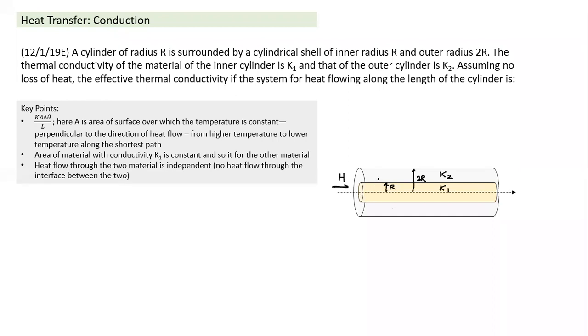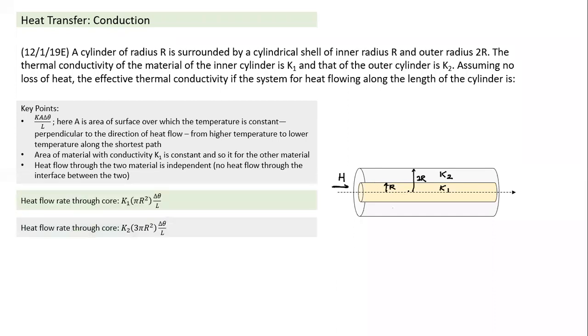Is there any heat flow across these two cross sections? Let me check. If I draw a side view, it will be like this: this is the inner core and this is the outer core. If I am looking from the lower temperature side, I can see the heat flowing towards me.